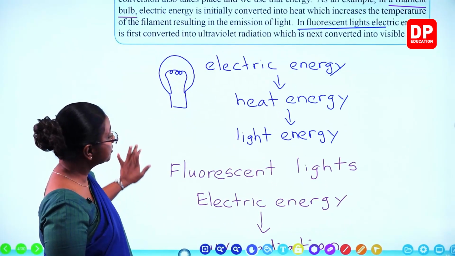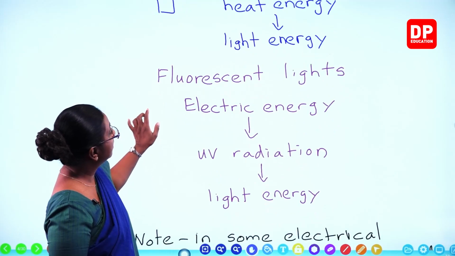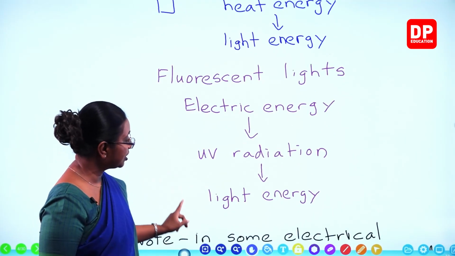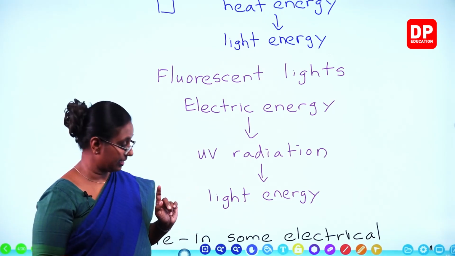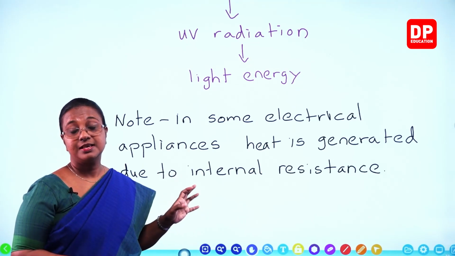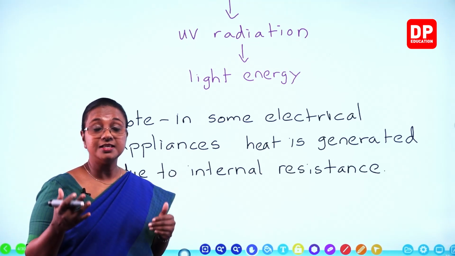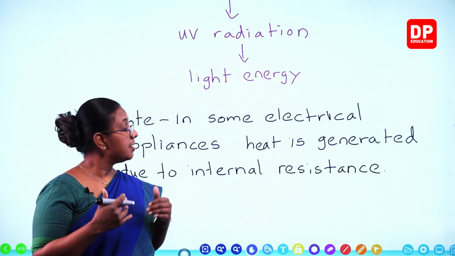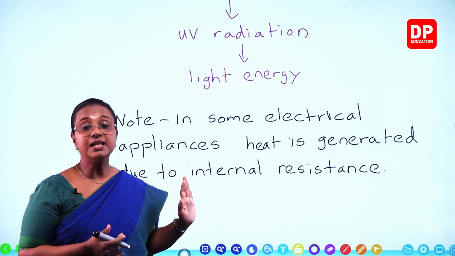But in the fluorescent lights, if you look at it, electric energy is converted to UV radiation and then to light energy. And in some of the other electrical appliances, there is heat energy generated in addition to the main form of energy because of its internal resistance.